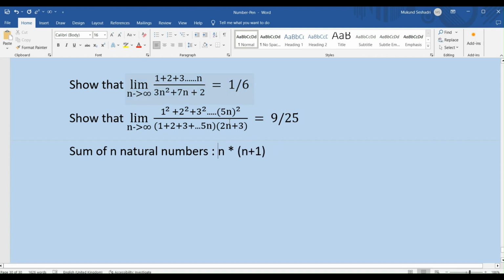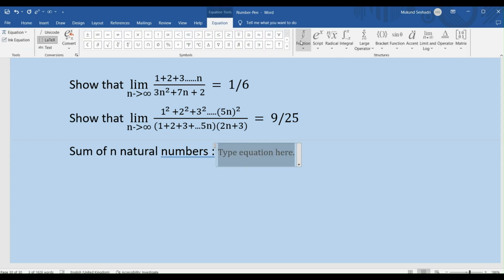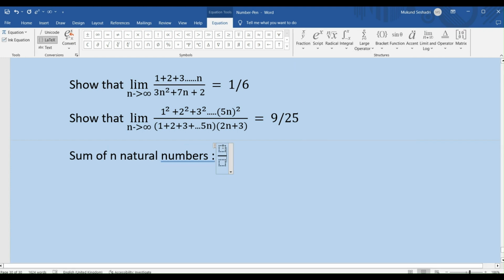So let's write it in the equation format so that it becomes a lot easier to represent it: n into n plus 1 divided by 2.